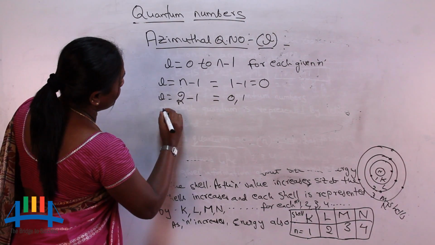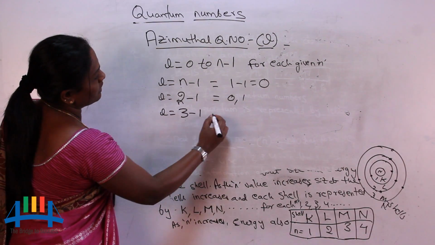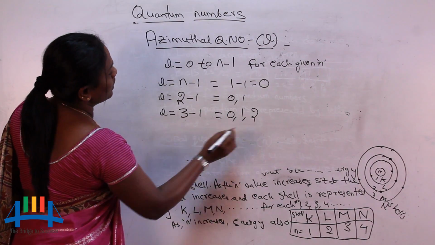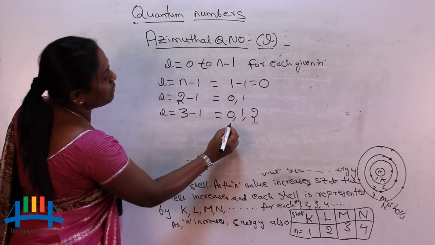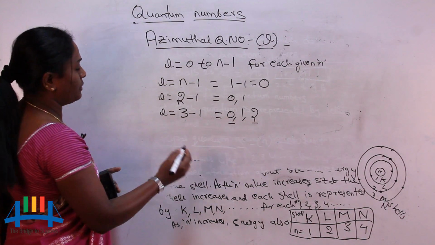If n is 3, 3 minus 1, we get 0, 1, 2. Here 3 minus 1 means the maximum value is 2 and the minimum is 0. Total 3 values are possible.